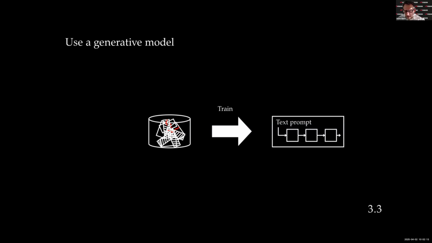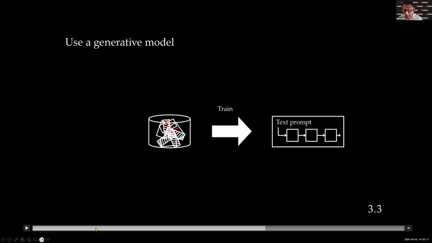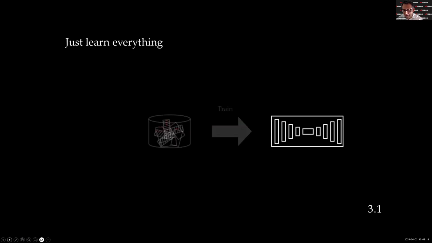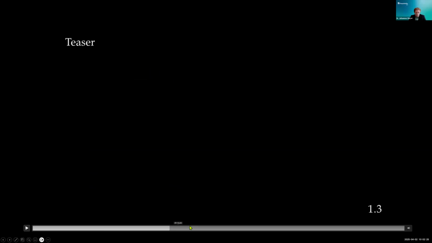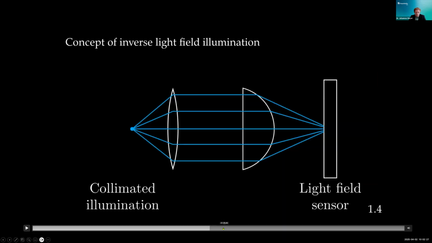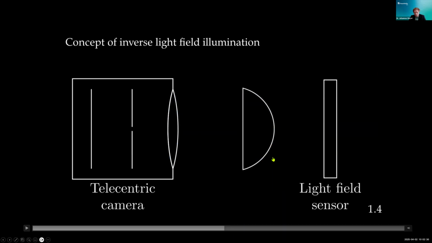I think we have time for a last question, and it's about the inverse light field illumination. What can you say about the maximum possible size of the test objects? This was this slide here, and here we had the image about how this procedure works. And I think the question is about the maximum possible size of those objects here.